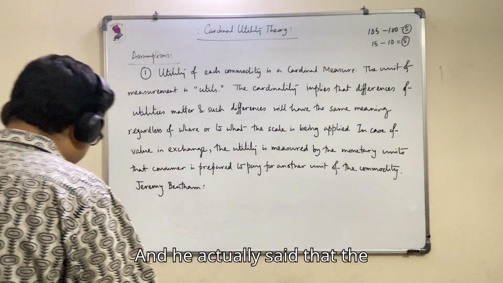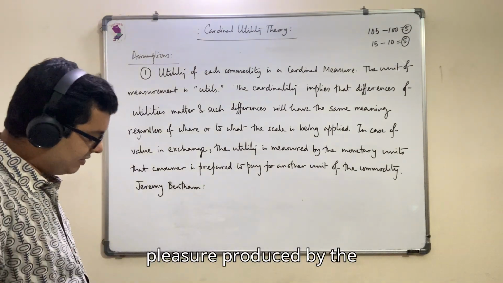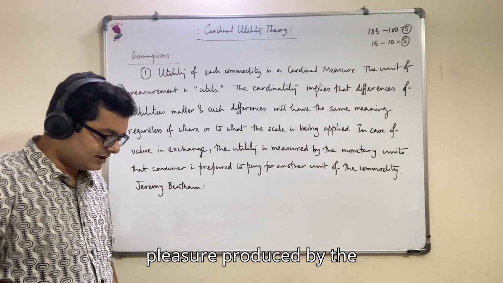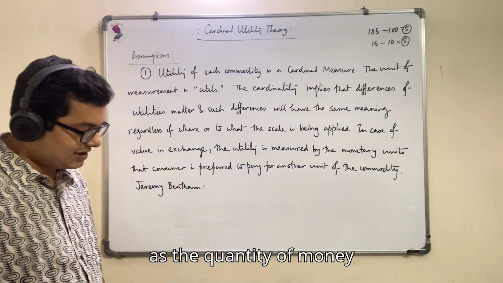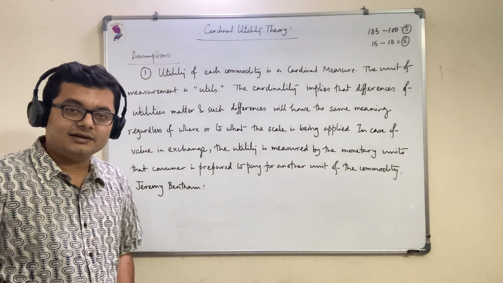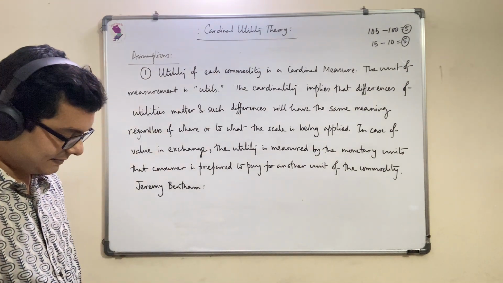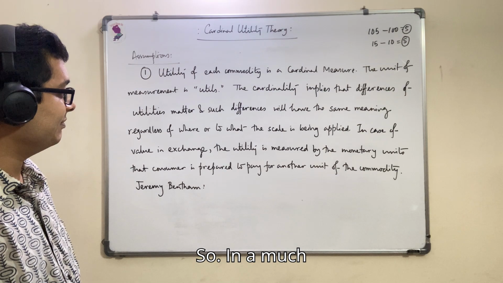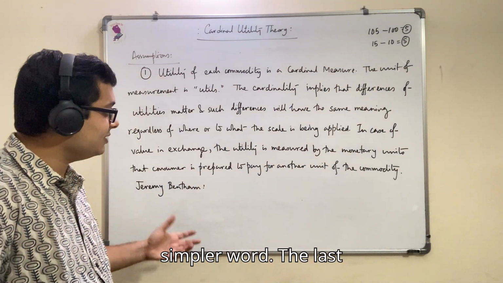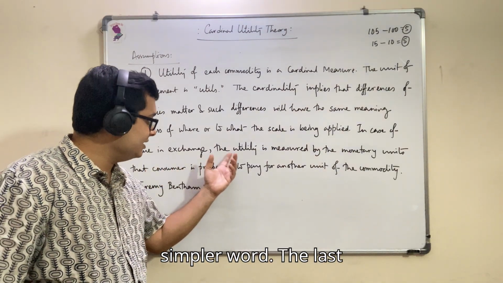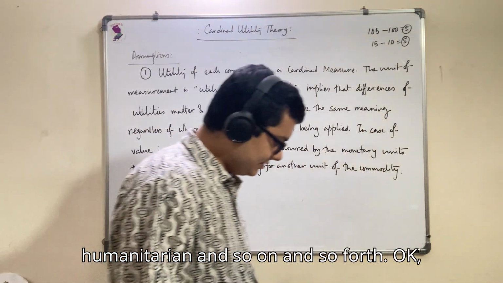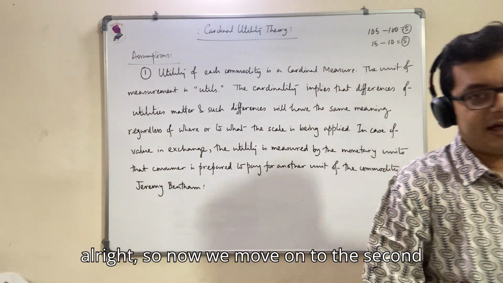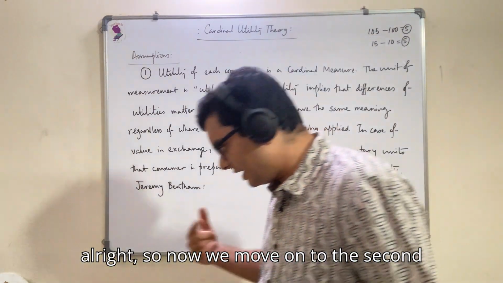And he actually said that the pleasure produced by the possession of money is as the quantity of money that produces it. So, in much simpler words, the last part, that the utility is measured by the monetary unit, and so on and so forth. Okay? Alright, so now we'll move on to the second assumption.